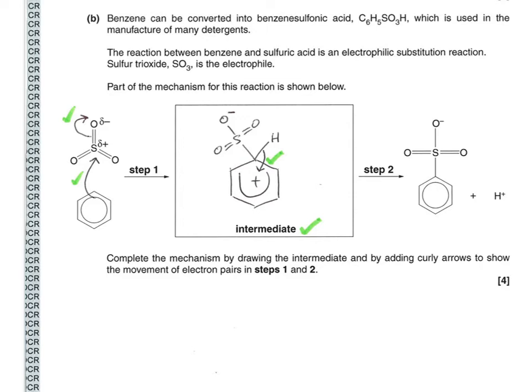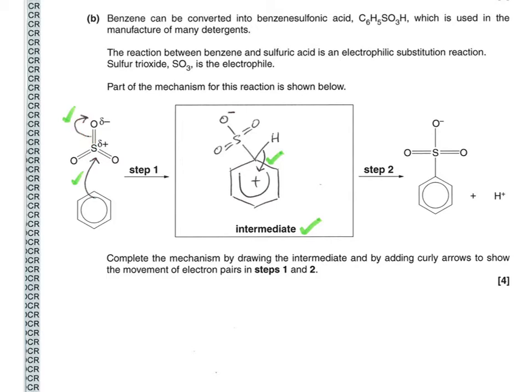So just apply your knowledge of what you do know, and hopefully you'll see that this is identical to all the ones that are on the syllabus, so nitration, halogenation, etc. We've got the electrophile with its dipole already drawn on for us. So a pair of electrons from the pi electron cloud is attracted to that sulfur, and that will repel a pair of electrons in the double bond onto the oxygen.